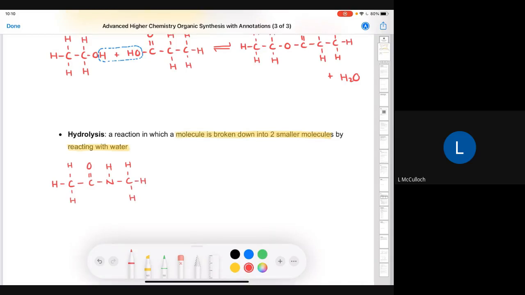So we've got our amide here. We know that's an amide because it's got an amide link, which is the C double bond O NH. Again, we're going to write all of those down on the next page, which looks at our functional groups. So we are going to react our amide with water.